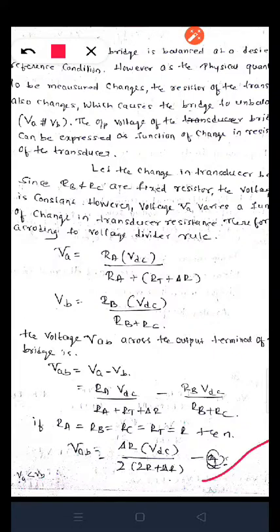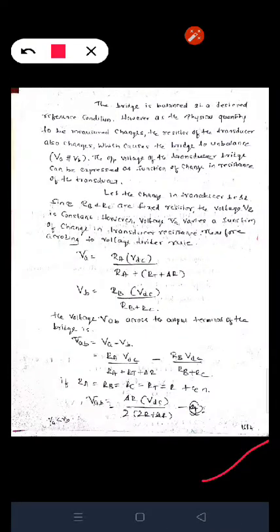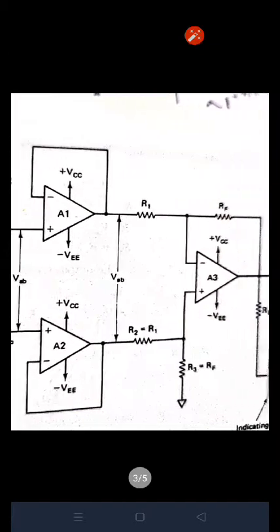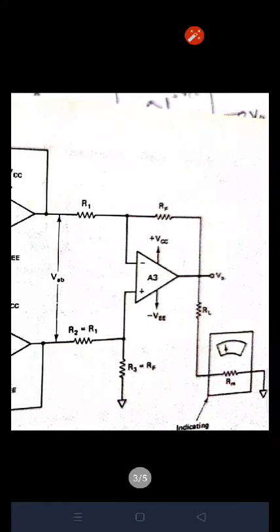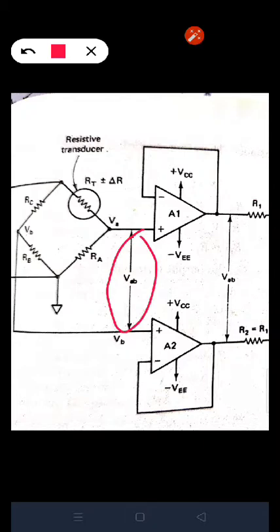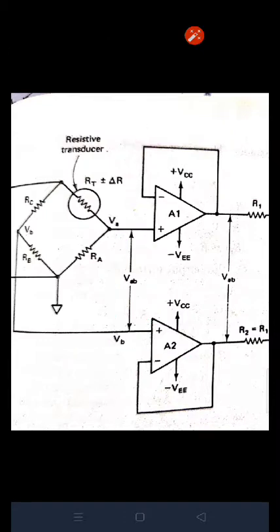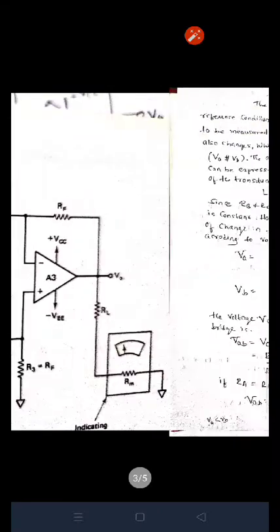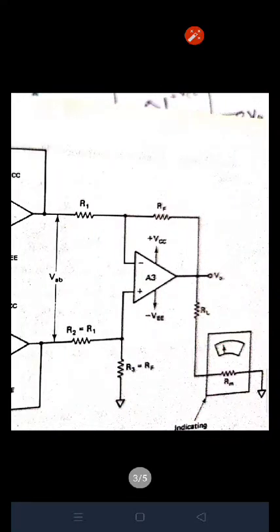Now the output voltage VAB of the bridge is applied to the differential instrumentation amplifier that is composed of 3 op amps.